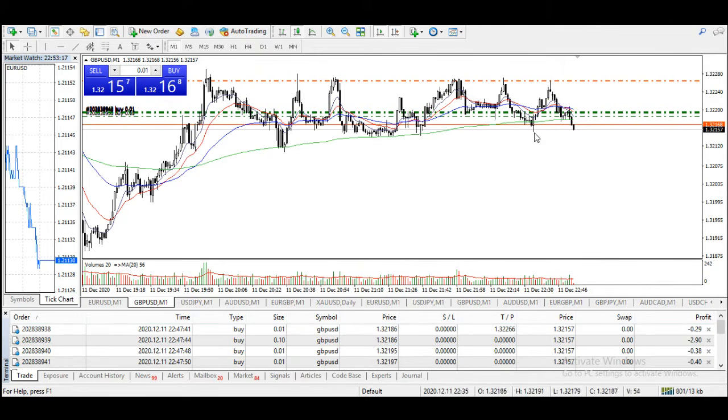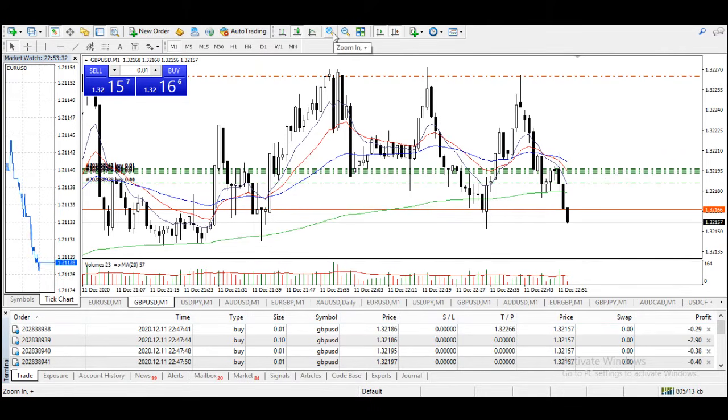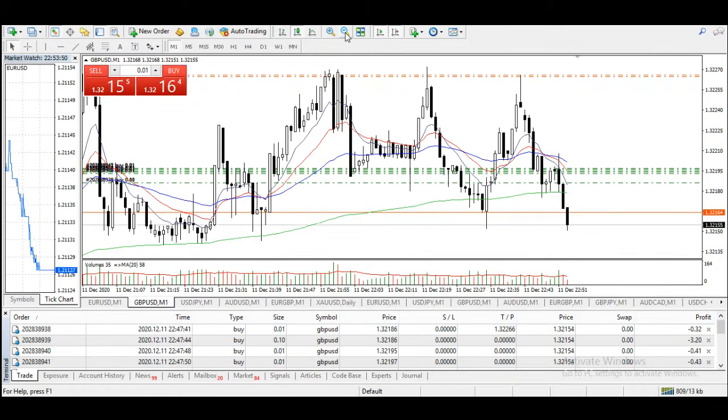Price is trying to break this last low, but not yet. And here, focus, pay attention to how I will be closing if price reaches or breaks this last low. For the moment, I'm still not closing.